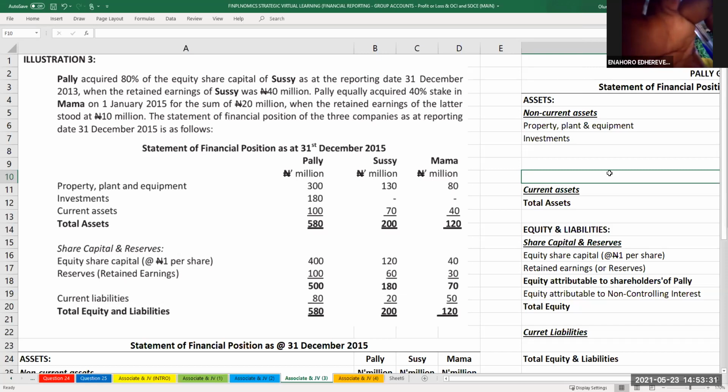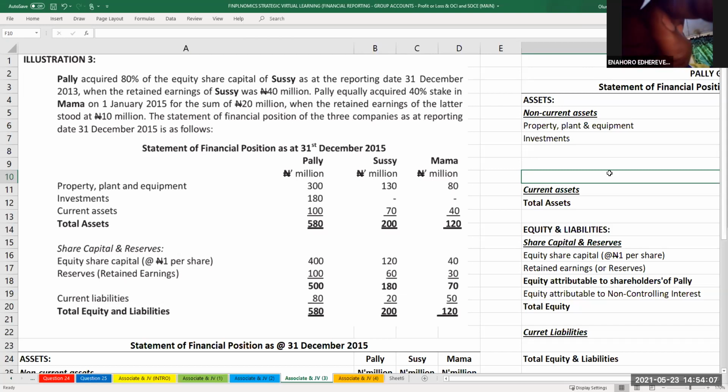Pali acquired 80% of the equity share capital of Suzy as at the reporting date 31st December 2013, when the retained earnings of Suzy were 14 million. Pali equally acquired a 40% stake in Mami on 1st July 2015 for the sum of 20 million, when the retained earnings of the latter stood at 10 million. The statements of financial position of the three companies as at reporting date 31st December 2015 are as follows.